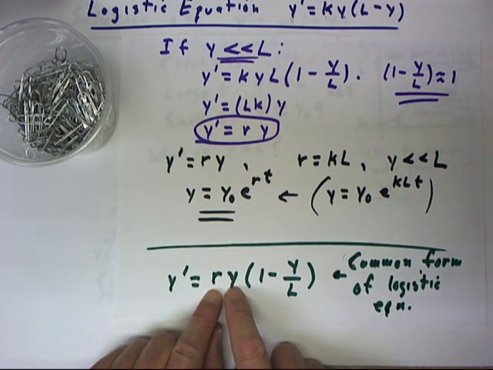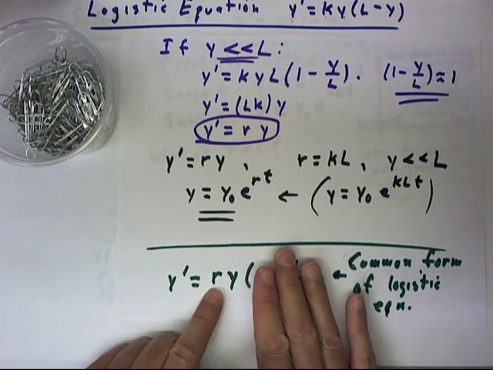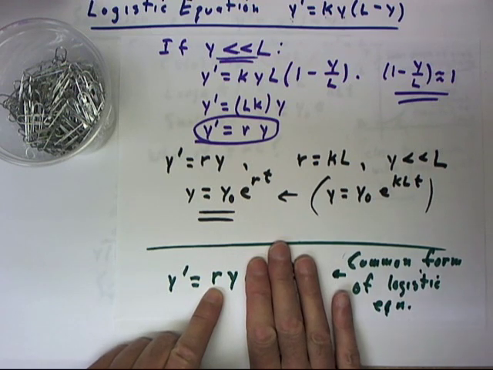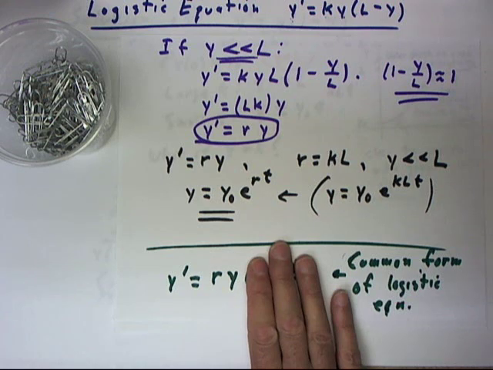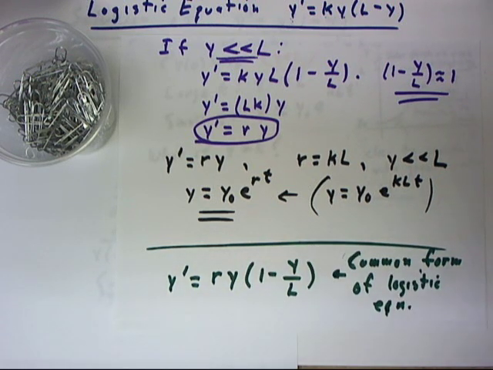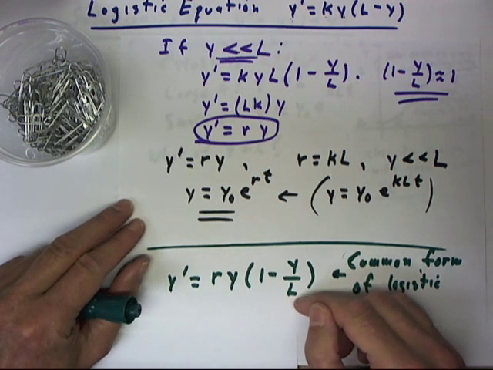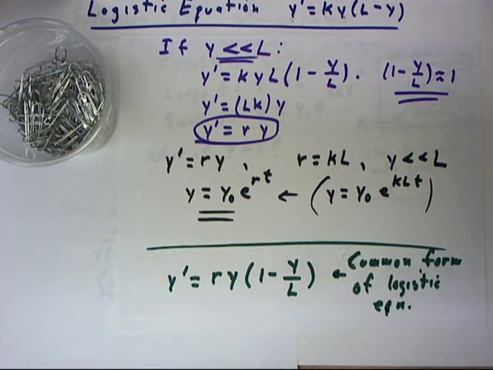As long as y remains much less than L, this factor can be ignored, and we have exponential growth with which you're familiar. As y gets closer and closer to L, what happens to y over L?